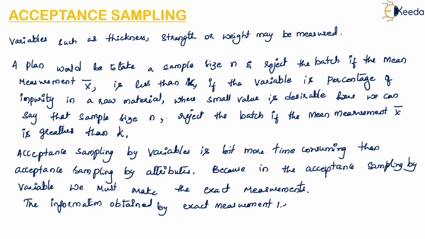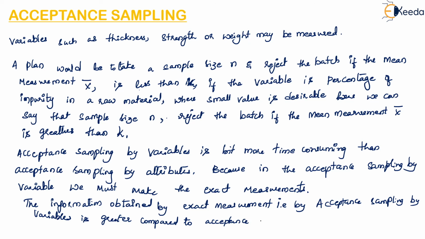that is, by acceptance sampling by variables, is greater compared to attributes. The information we get from the exact measurement is more than the information we obtain from the attributes.